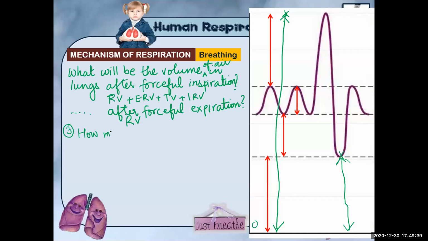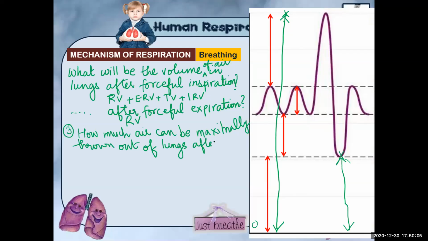How much air can be maximally thrown out of the lungs after efforted inhalation? बताओ.